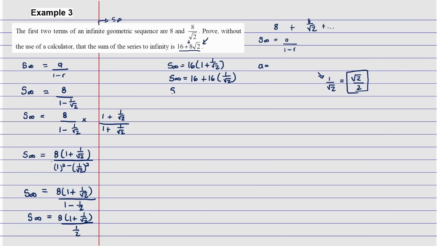Sum to infinity is equal to 16 plus 16 times root 2 divided by 2. 16 divided by 2 gives 8. Therefore, sum to infinity is equal to 16 plus 8 root 2, which proves the sum to infinity is equal to this. So that's how you would do this question.